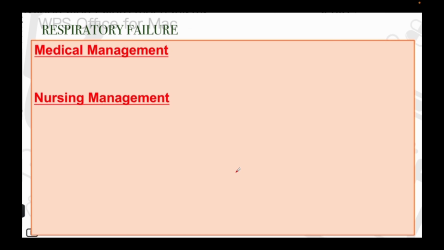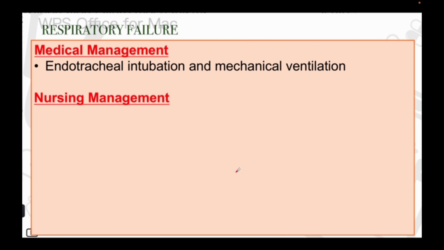And for the medical management, actually, the objectives of treatment are to correct the underlying cause and to restore adequate gas exchange in the lungs. So, for the medical management, endotracheal intubation and mechanical ventilation may be required to maintain adequate ventilation and oxygenation while the underlying cause is corrected.